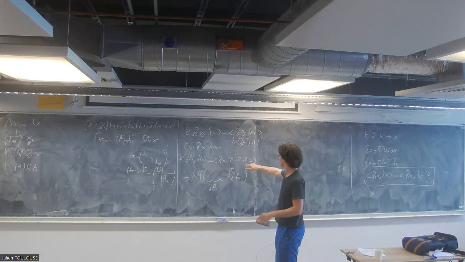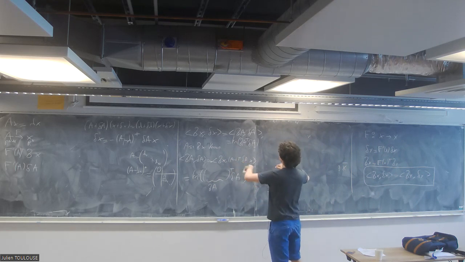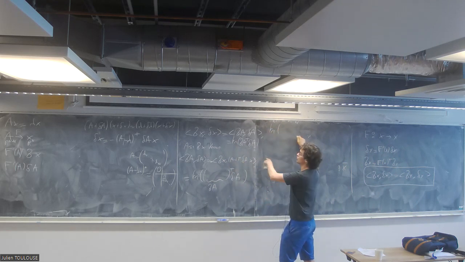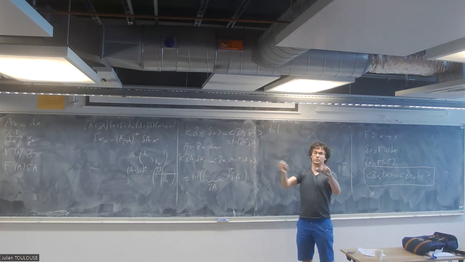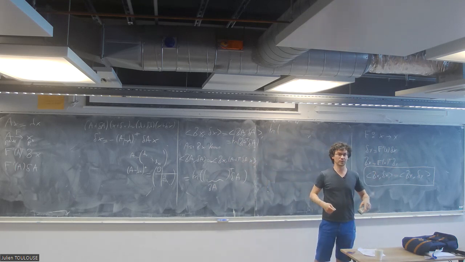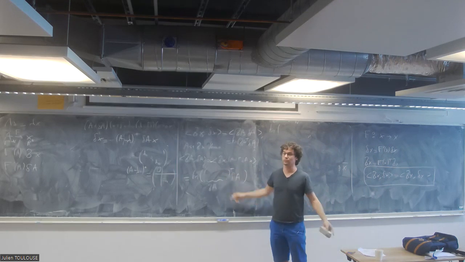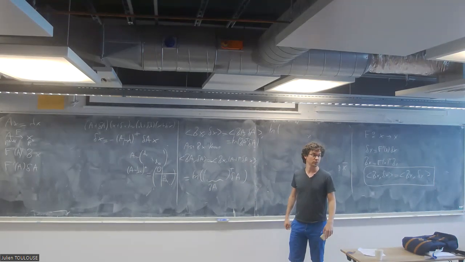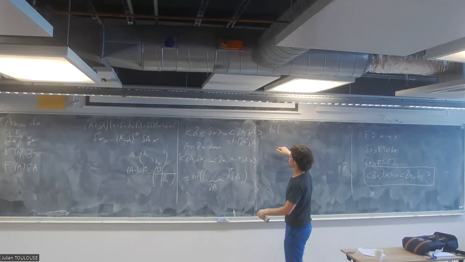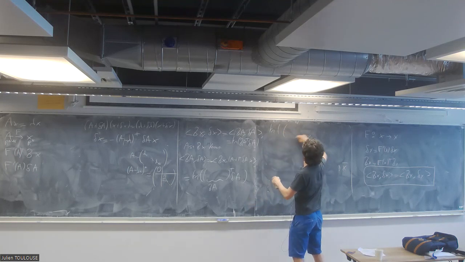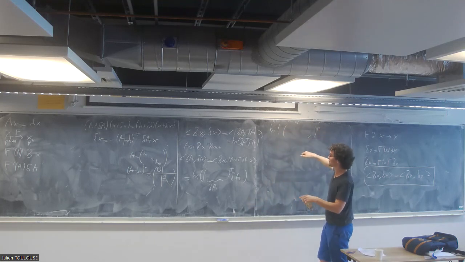So maybe I don't do it, but you can rewrite this inner product as the trace. You move the things where you want them to be, and you take the transpose and write it like this. But you have to dictate for me.